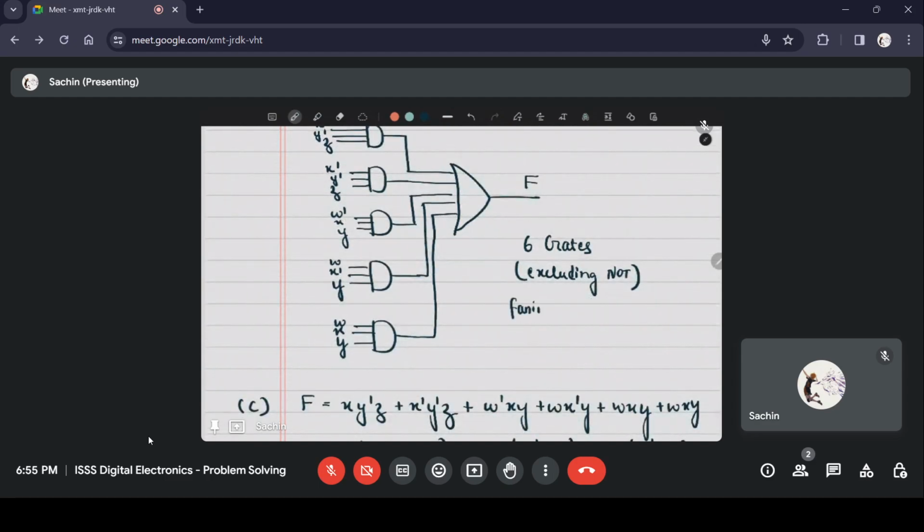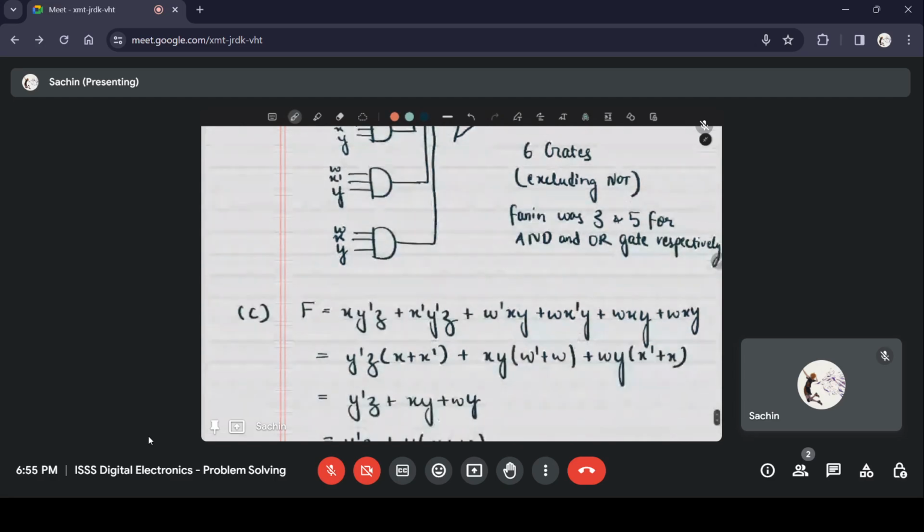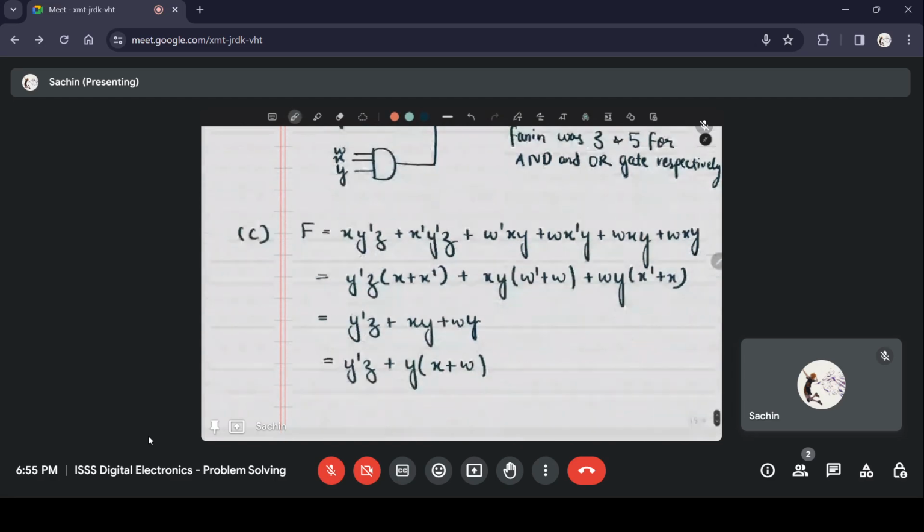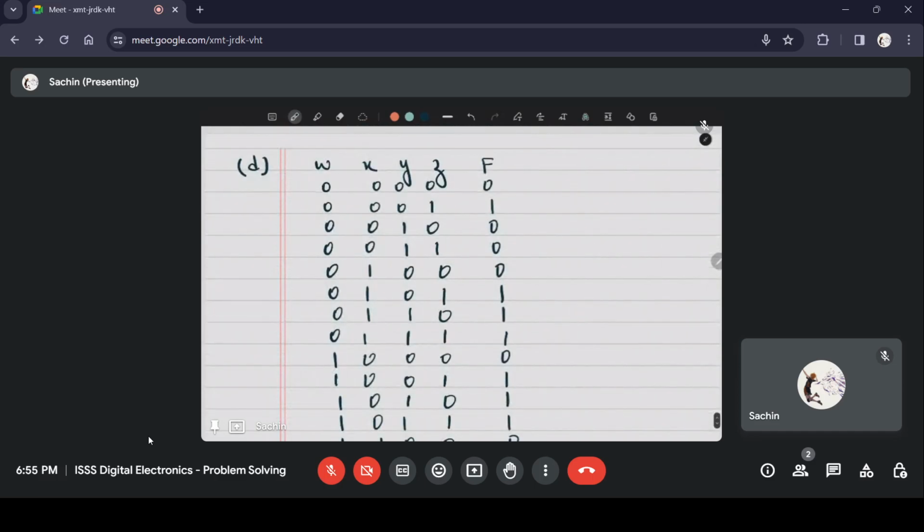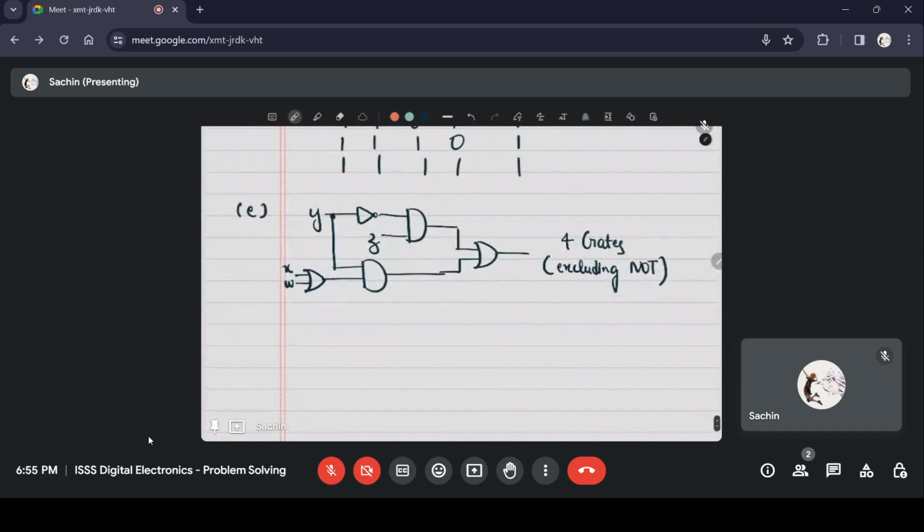Fan in was 3 and 5 for AND and OR gate respectively. So each gate should be able to take more inputs, so it should be able to act as a drain for more input values. Here fan in is 2 for all AND and OR gates.